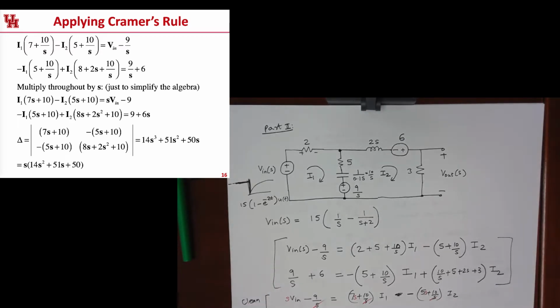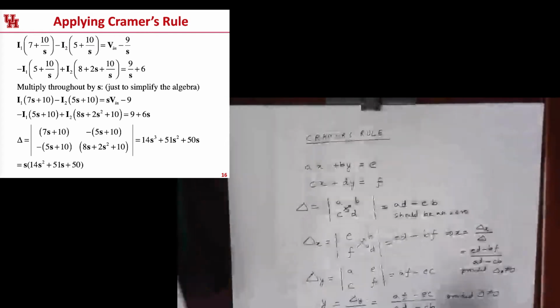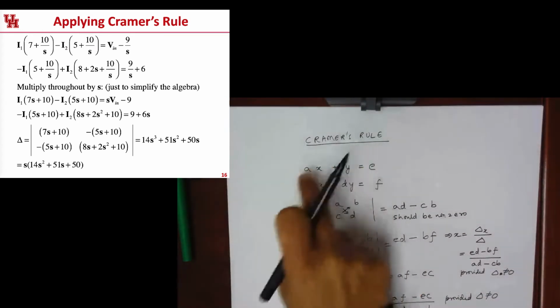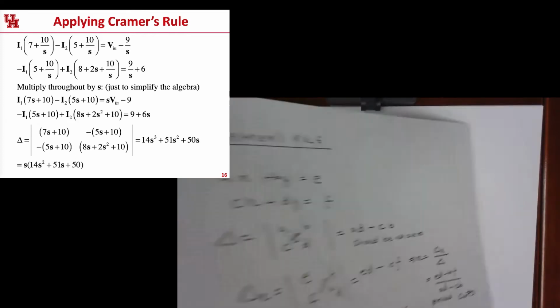Okay, so now we have a set of equations that are a little bit cleaner. Let me write that down in a clean way, I think that's always a good idea. Let me do that in the format of Cramer's rule.